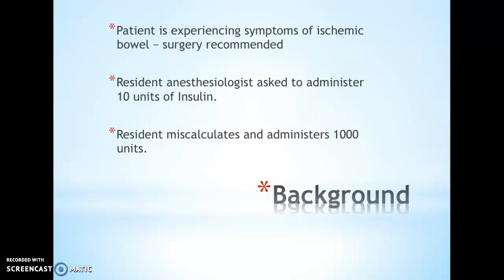The resident anesthesiologist counts out what he believes to be 10 units of insulin and administers it via IV to the patient. He then realizes that instead of measuring out 10 units of insulin, he actually measured out 10 cc's of insulin. And so 1 cc equates to 100 units of insulin. So the resident anesthesiologist administered 1,000 units of insulin when he should have administered only 10.